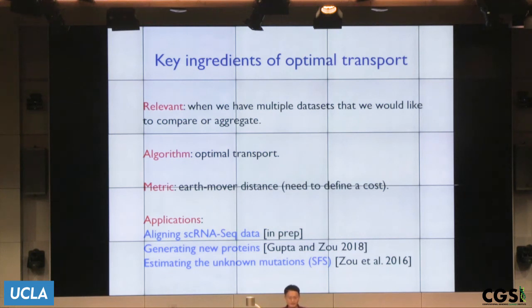In many cases, Earth mover distance is the appropriate metric, and optimal transport is the algorithm that achieves optimal Earth mover distance. There are a lot of interesting applications that we've done in single-cell RNA-seq, proteins, and SFS, but I think we're just scratching the surface of what could be applications of this family of techniques to computational biology.